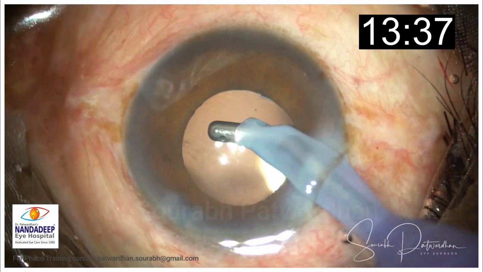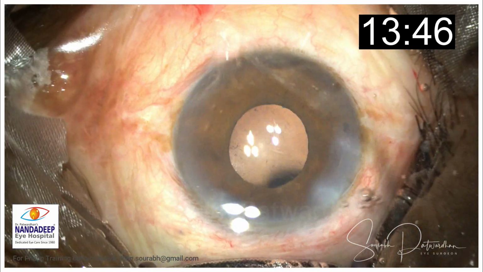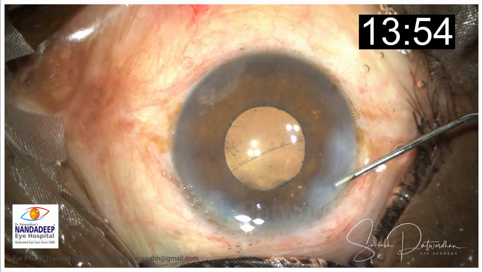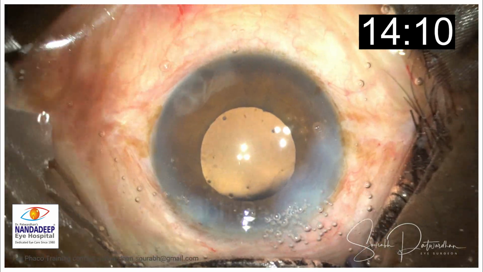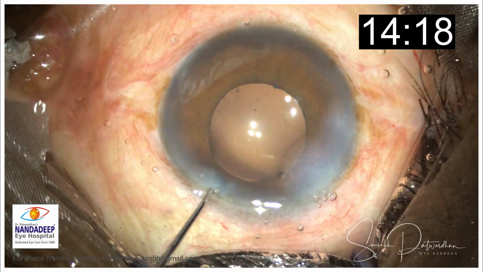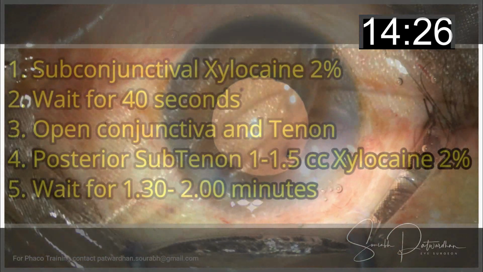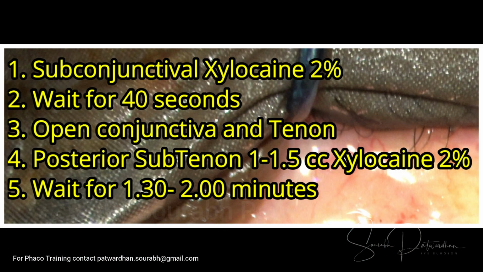Try to open the tenon and conjunctiva in a relatively avascular area so you don't have much bleeding there. But even if it bleeds a little bit, when you pad the patient, it stops. So these are the most important steps, and the key point is to wait after giving the infiltration or anesthesia.